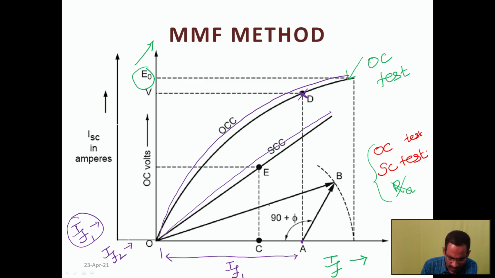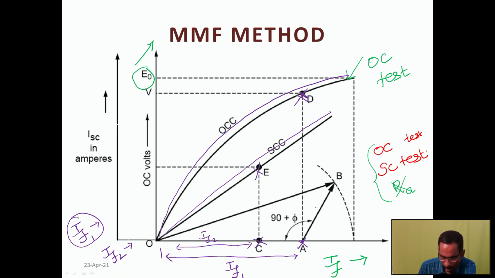Second one, IF2. So the field current OC up to this. The field current required to circulate the rated short circuit current. So there are two field current data required here. One is OA, another one is OC.